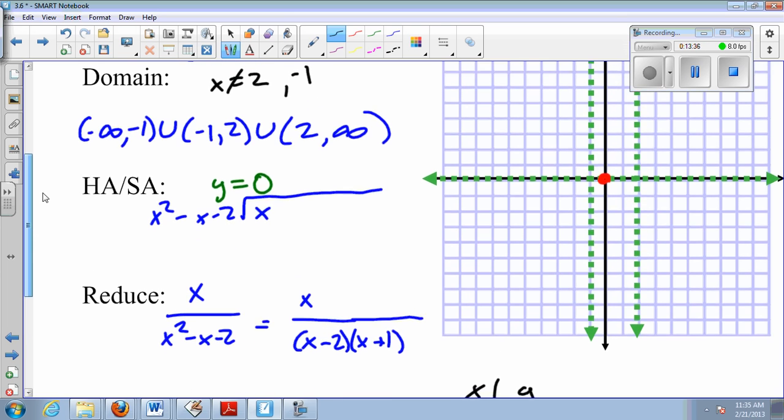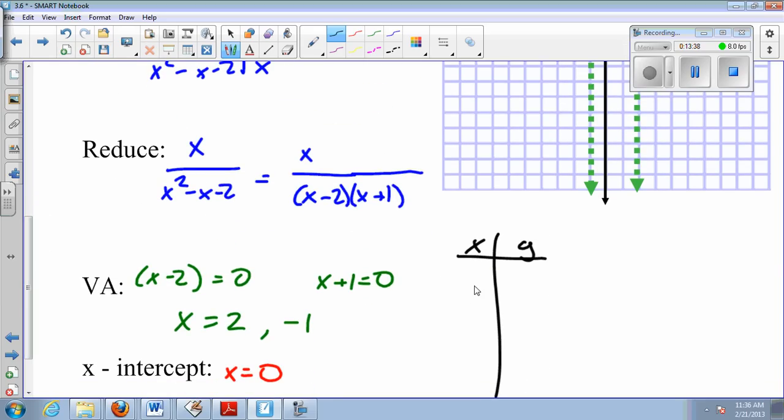So let's go with -4, -3, -2. If we plug it in, it's going to go -4 over -4 minus 2, -6, times -4 plus 1, -3, goes to -2/9.